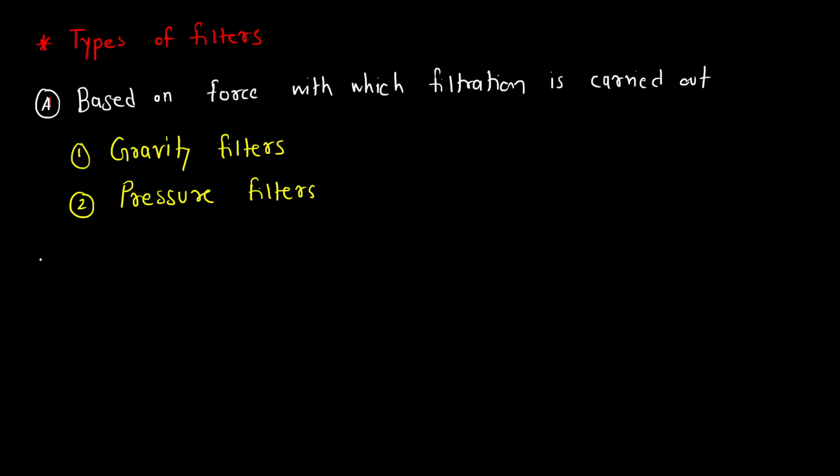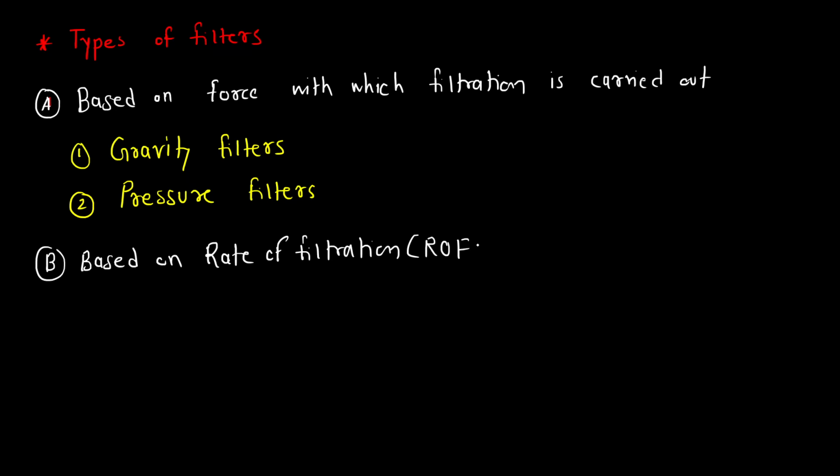Now the second classification is based on the rate of filtration. In short, we call this ROF. If the rate of filtration is high, then we call it a rapid sand filter. If the rate of filtration is low, then we call it a slow sand filter.